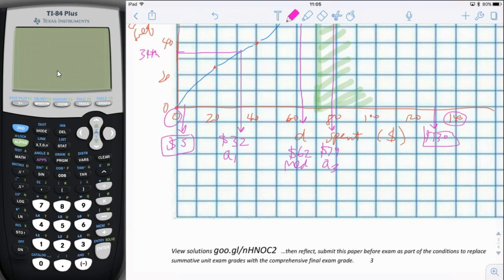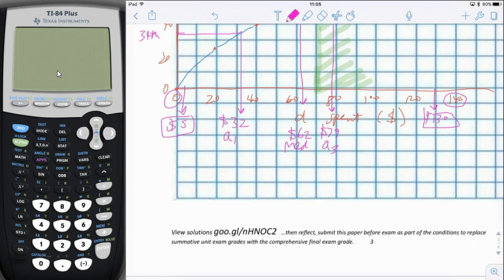How do we use those? Now we're going to use those to make our box plot. And the box plot is centered right at the median, which is the $62. Since we're using the exact same scale, you can just take these pink lines we've drawn and copy them down here. Draw vertical lines for the outlines of the box, and then complete the box like that. And then the minimum, which is $5, is right in the middle there, right? And you just draw a dot to represent the 5.